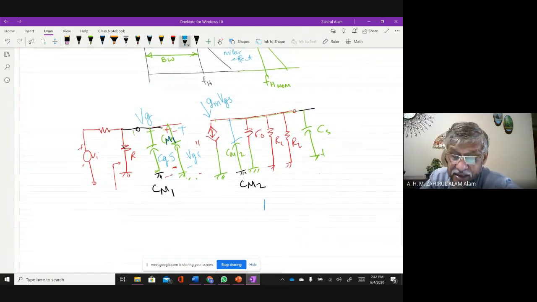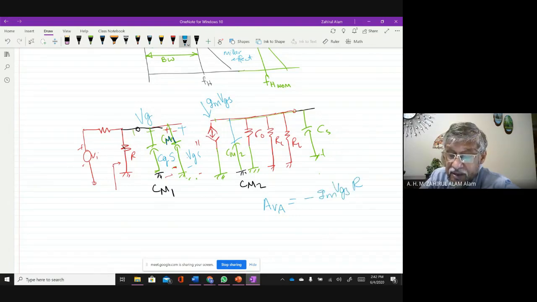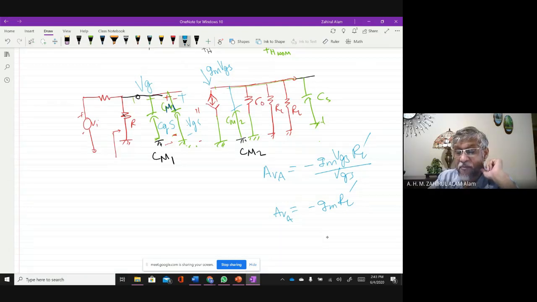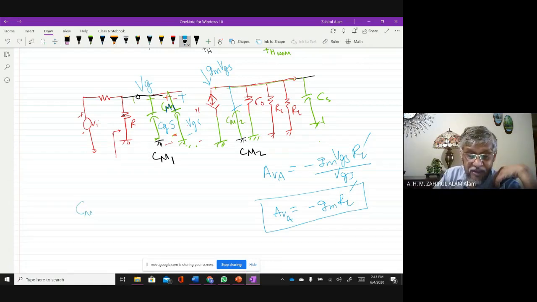So in this case, AVA is equal to minus gm VGS RL prime divided by VGS. So this is the same equation for MOSFET and BJT.